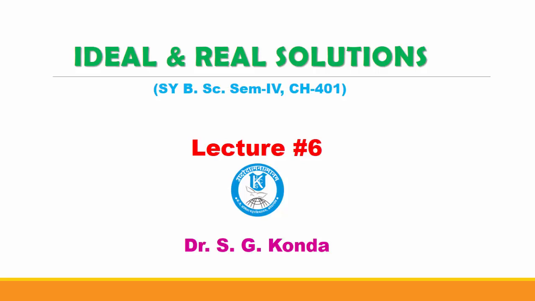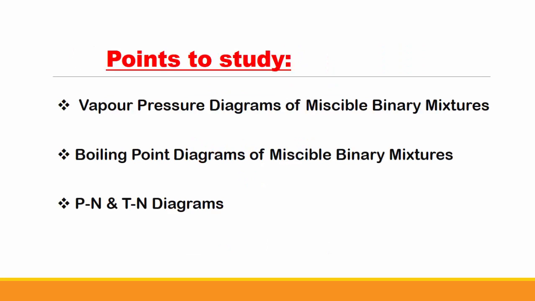In this lecture, we are going to study the vapor pressure diagrams of miscible binary mixtures and the boiling point diagrams of miscible binary mixtures, that is, the P-x and T-x diagrams.